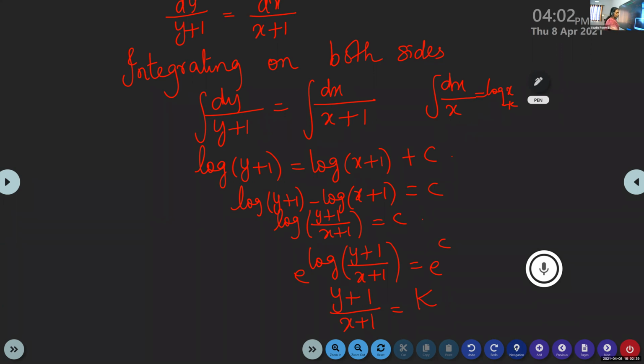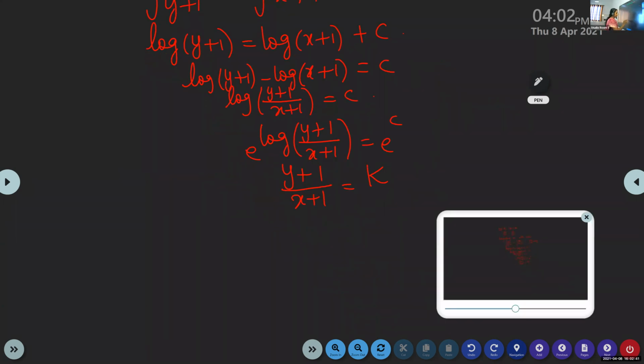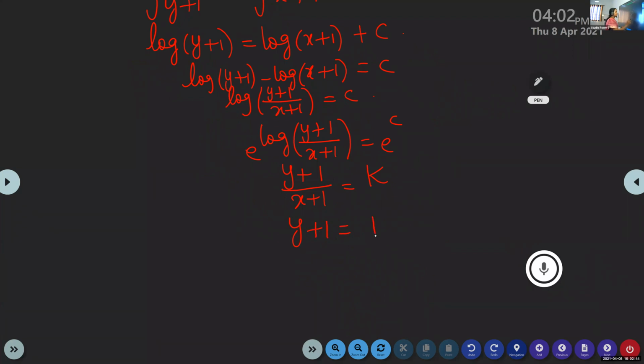Okay. So next step, you can cross multiply x plus 1. So y plus 1 is equal to k into x plus 1.